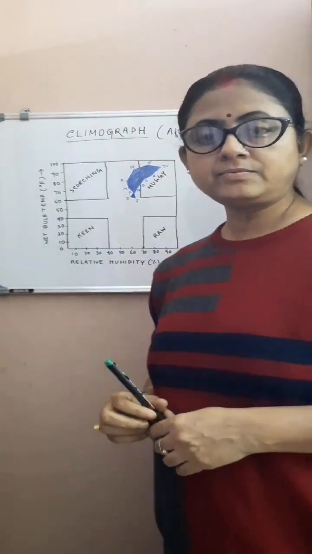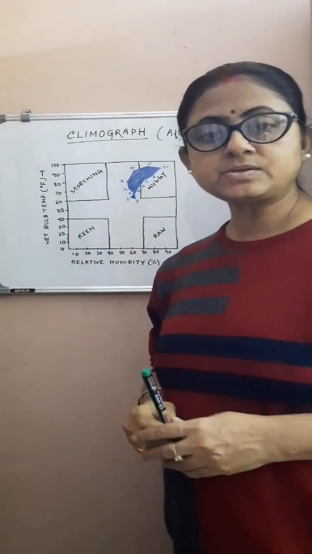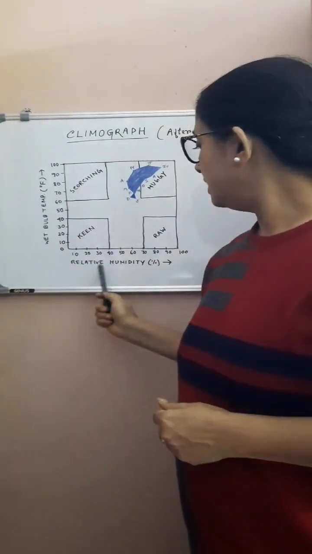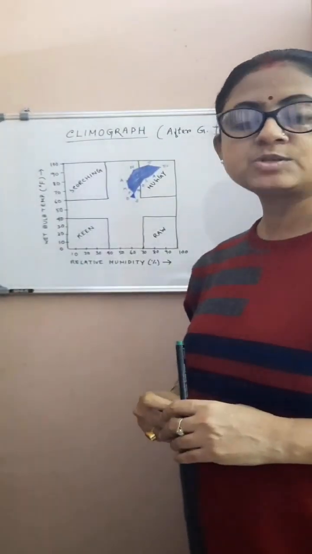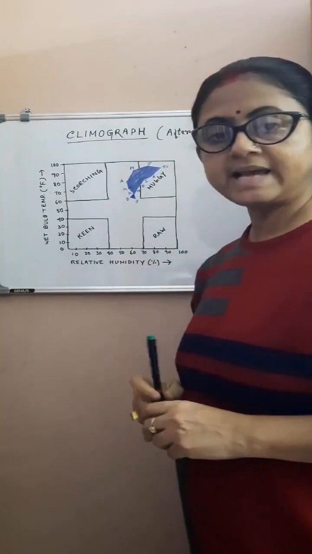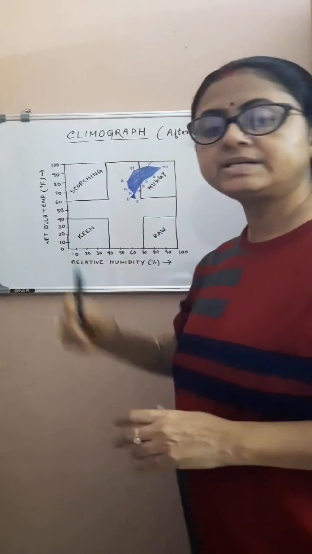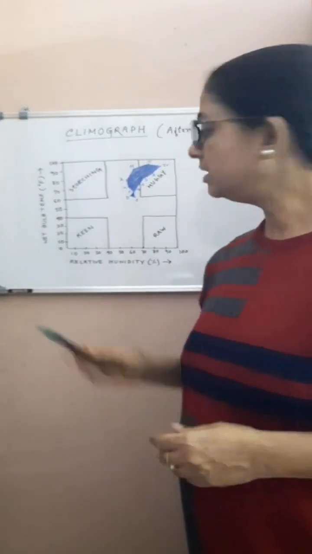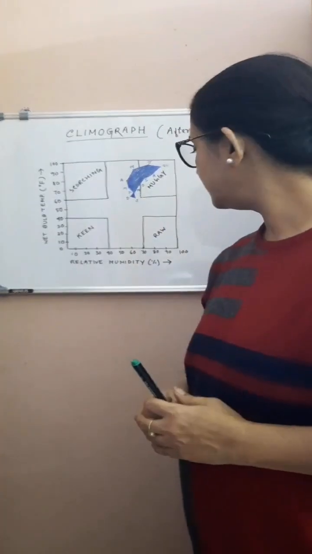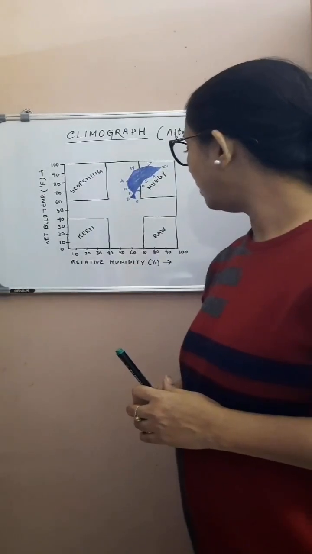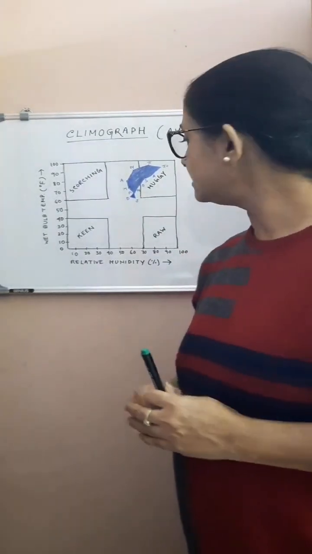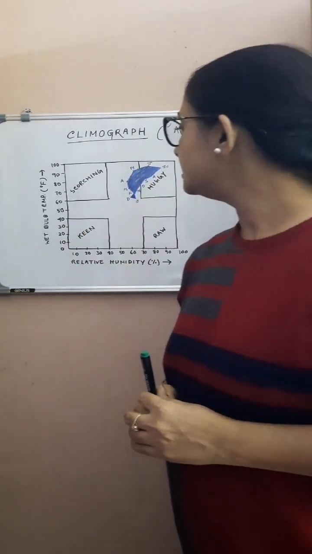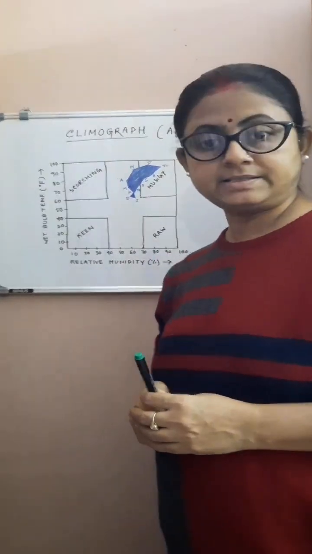Here, I have drawn a climograph on the basis of climatic data of Hooghly district in West Bengal. Relative humidity in percentage is represented on the x-axis and wet bulb temperature in degree Fahrenheit is represented on the y-axis. Suppose the month of January has a relative humidity of 65% and the wet bulb temperature of January is 59 degree Fahrenheit.